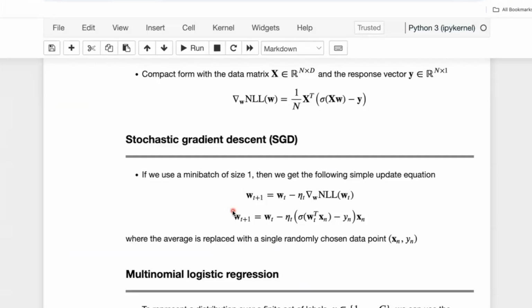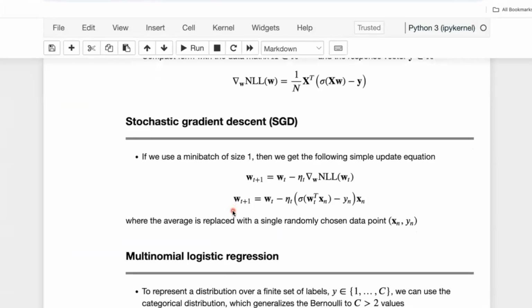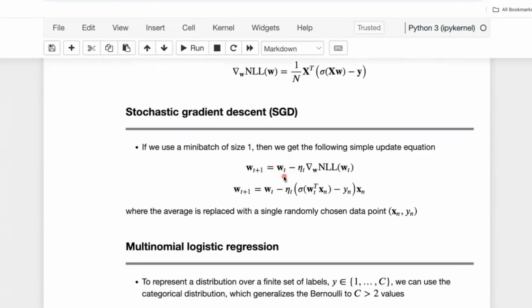And at this point, we can apply stochastic gradient descent or any variant of gradient descent. If we use a mini batch of size 1, it's actually very easy, because at each step t, we have a solution. We just have to subtract from it a learning rate times the gradient calculated at that solution. And you know how to do that if n equals 1, because in that case, you only have to work with that specific data point, which is this probability minus the true output times the corresponding input feature vector.